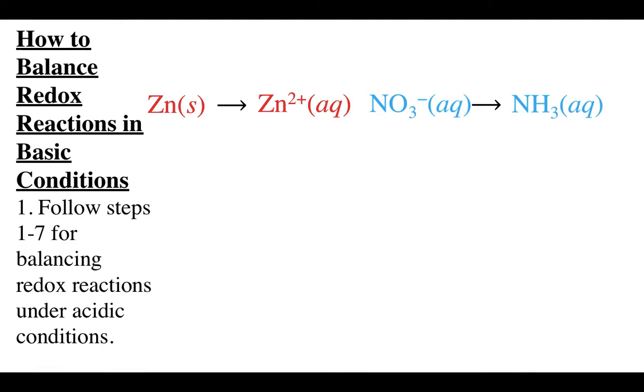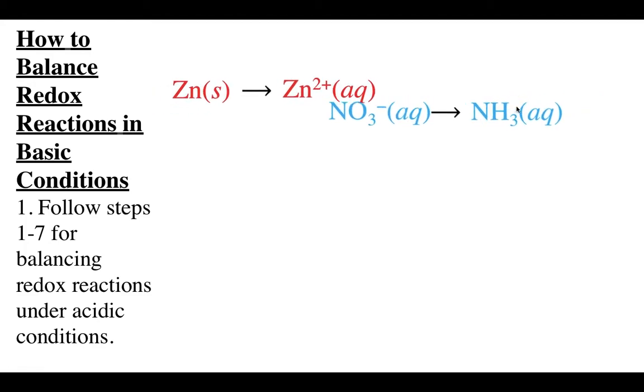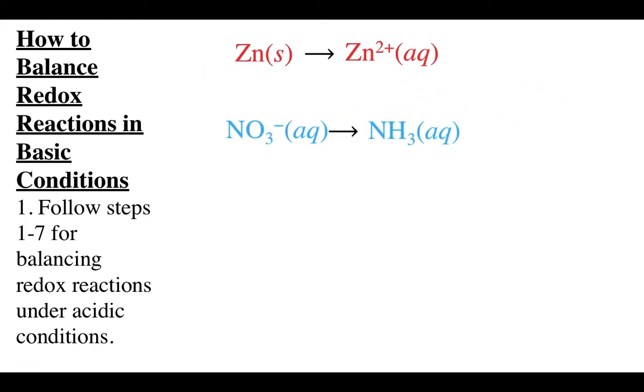Step number 3, I hope you can deduce, even if you don't remember, that if we've balanced every element except oxygen and hydrogen, the next step is to balance oxygen atoms. Here there are no oxygen atoms in the first half reaction, so we'll be focusing strictly on this half reaction in blue. What do we add, students, in order to balance oxygen atoms?